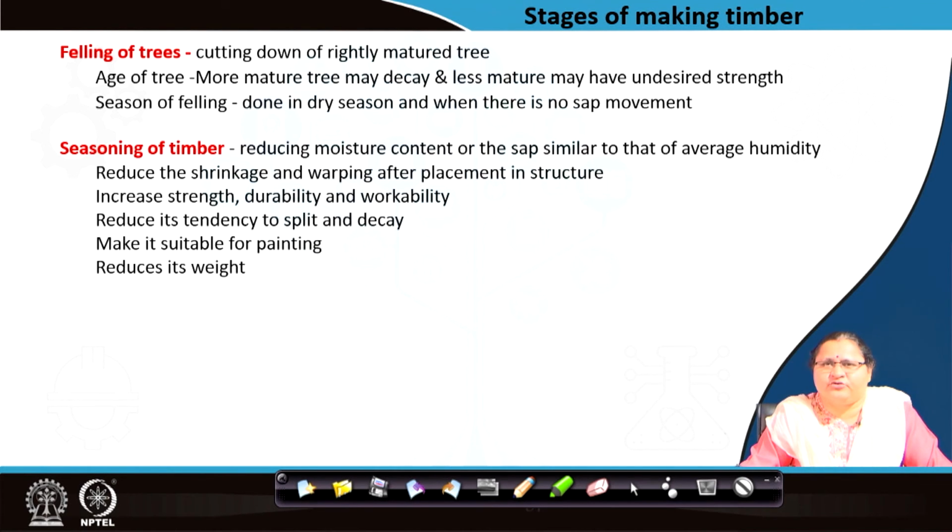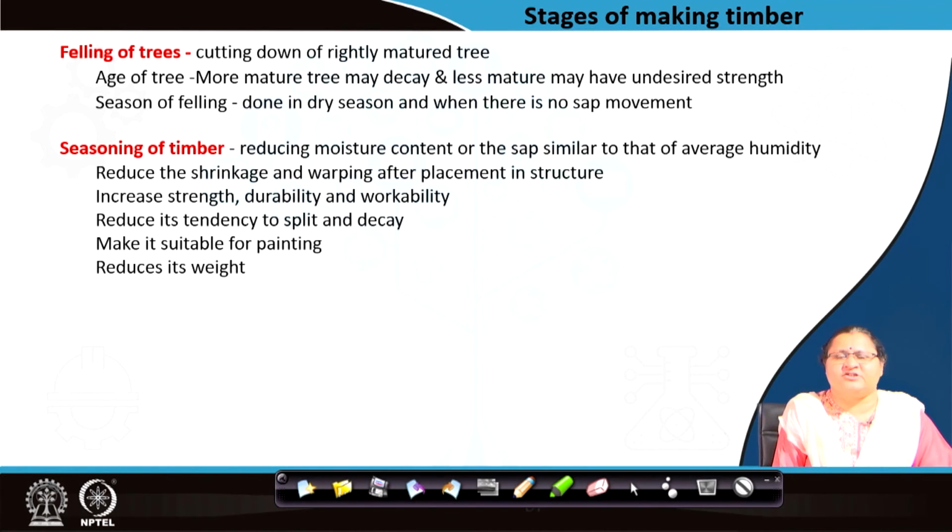What will this lead to? This will lead to less shrinkage or expansion due to changing humidity or changing weather condition, and this will lead to less warping. This warping term I have already discussed when we were doing bricks.